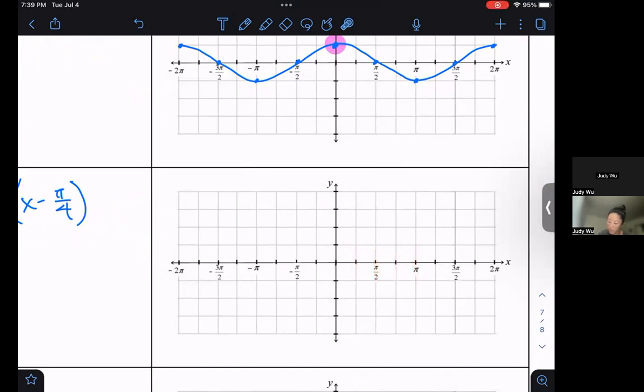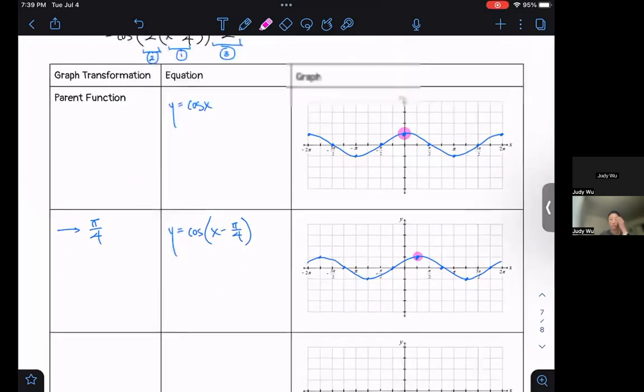So I'm going to take every point I have and move it over 1 box, and I'm going to be really mindful to mark off my center point. I've just moved everything to the right, pi over 4.